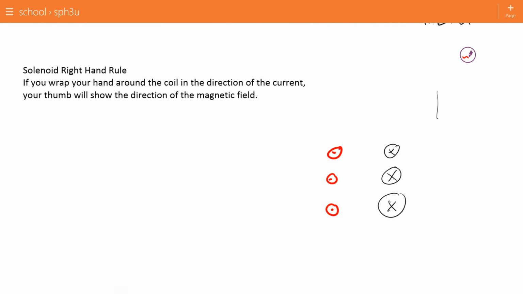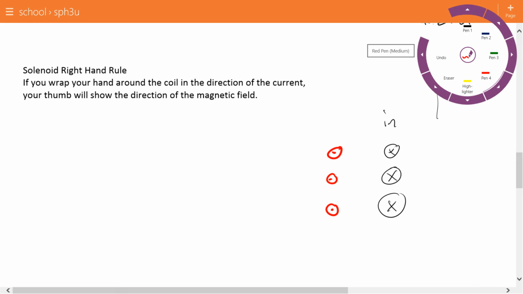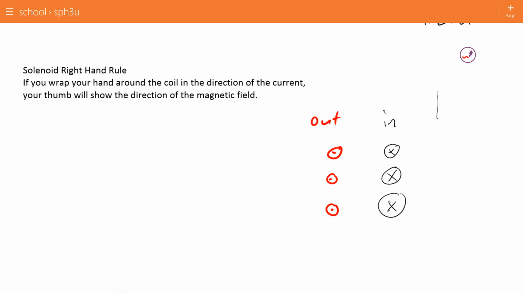If we put our fingers in on the right and up on the left, so you can see we have all our in symbols on the right and all our out symbols on the left. You can play along here.